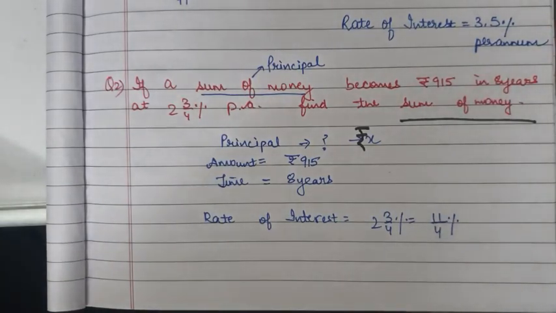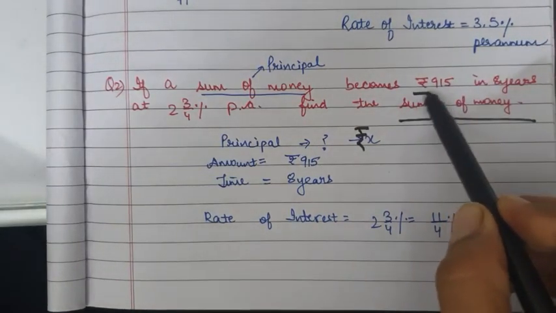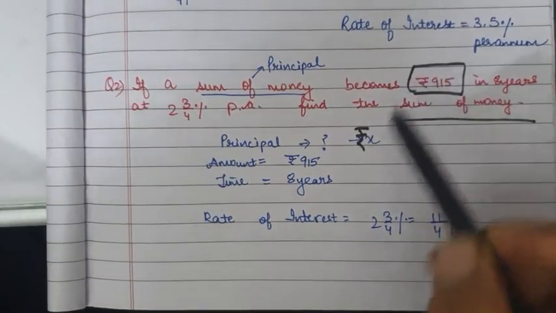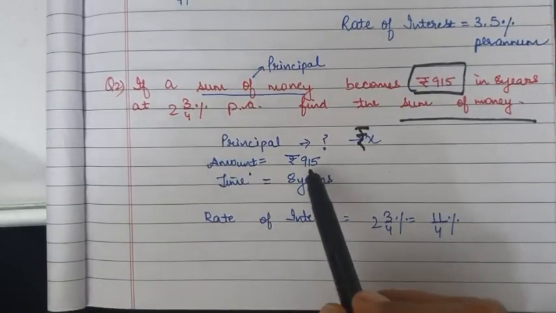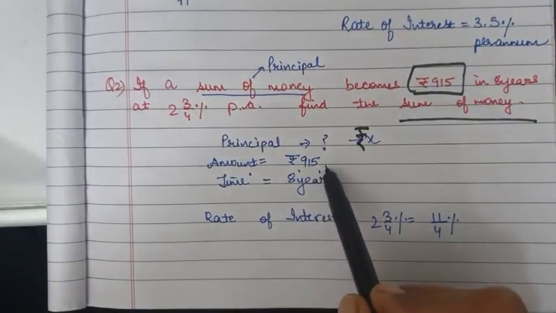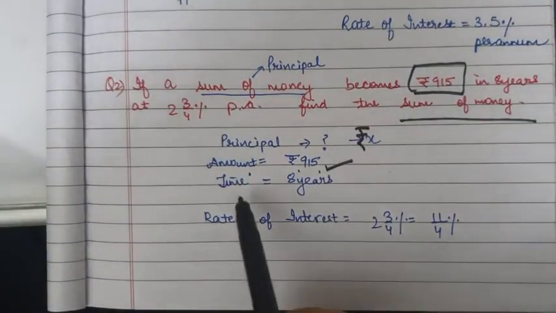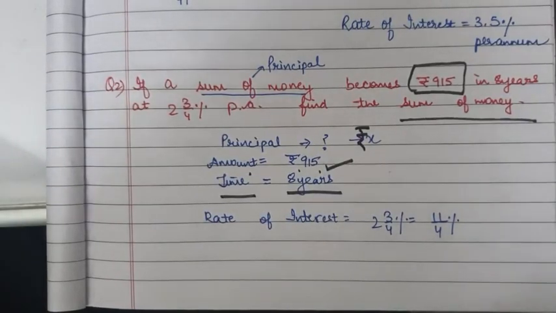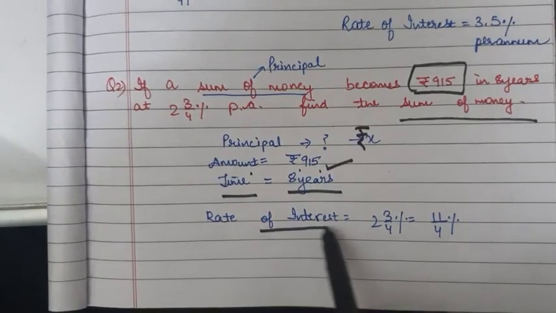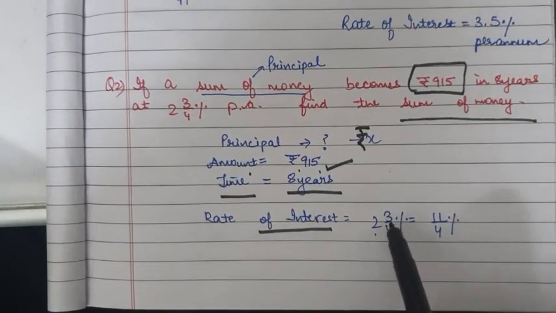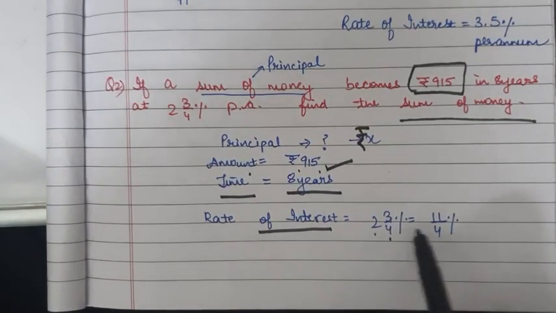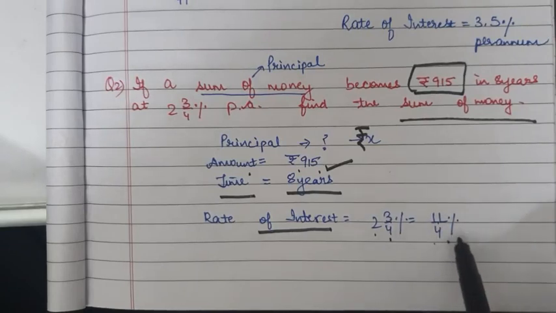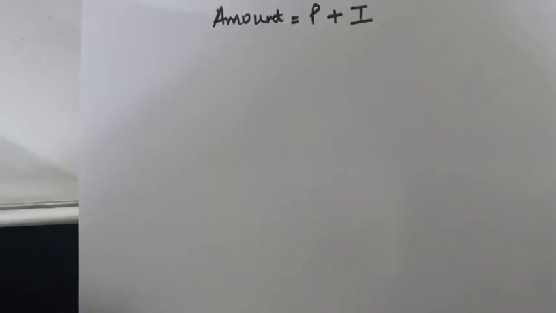Means after 8 years we will get this amount. So the amount is 915 rupees. Now the time is given to you, 8 years. So now the rate of interest is 2 upon 4%, that is 11 upon 4%.